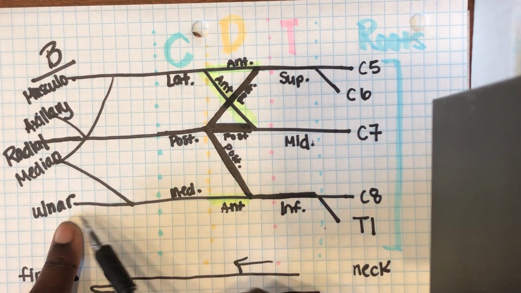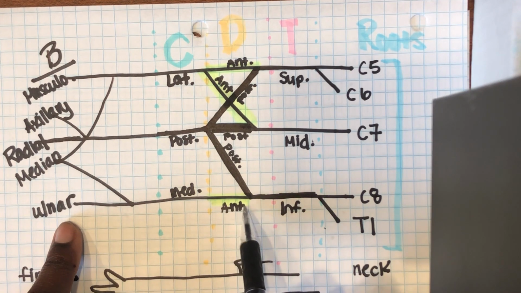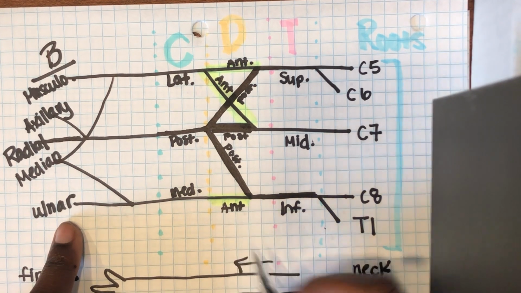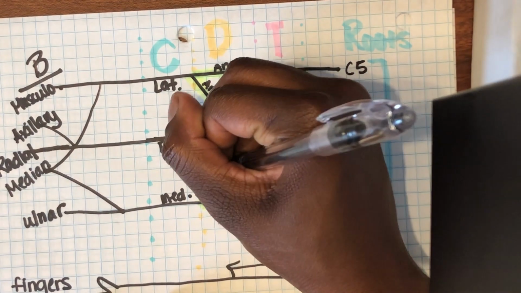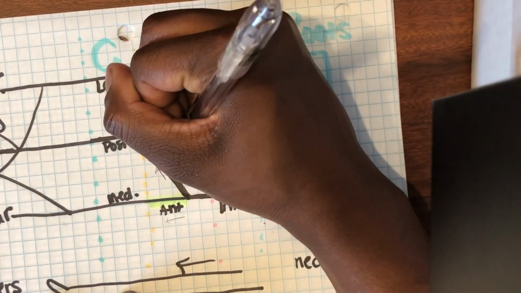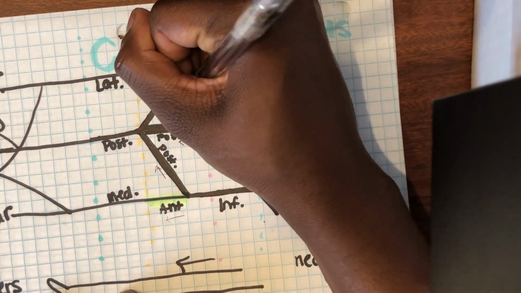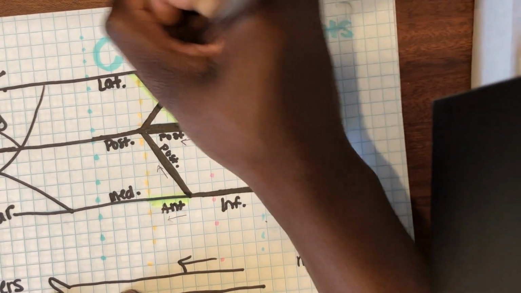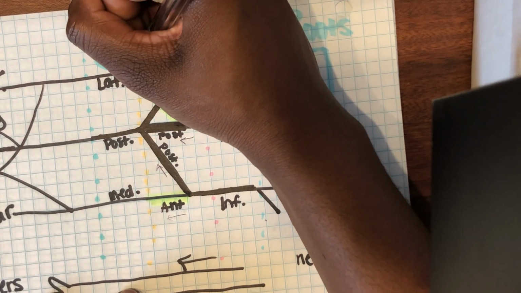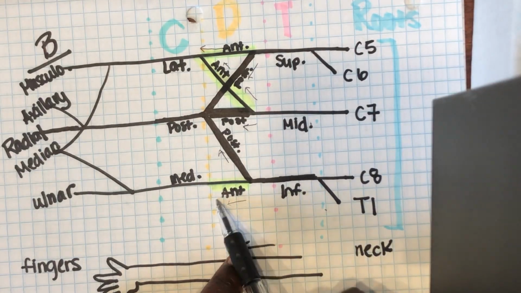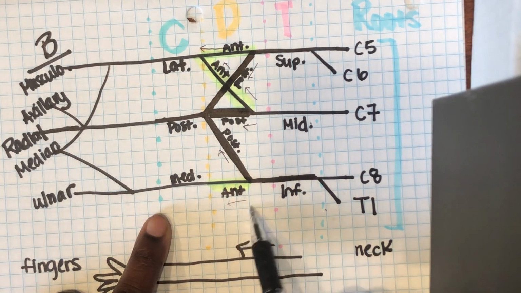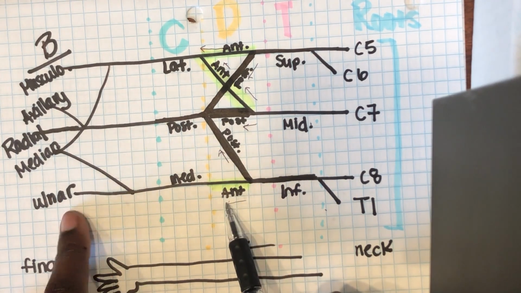We know that the divisions that make up the ulnar nerve, because information is only traveling in one direction. So we know the anterior division makes up the ulnar nerve.